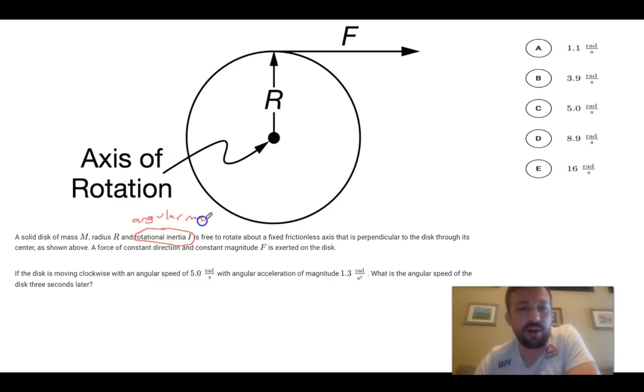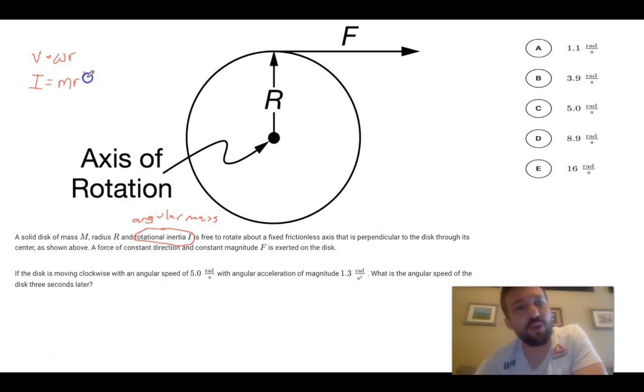It's how the object rotates. You know how I said angular velocity is omega, you just multiply it times r. So angular mass is very similar. It's denoted by I, and different shapes distribute their mass differently as they rotate.